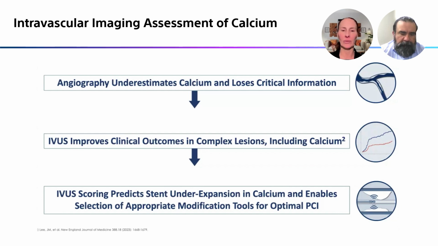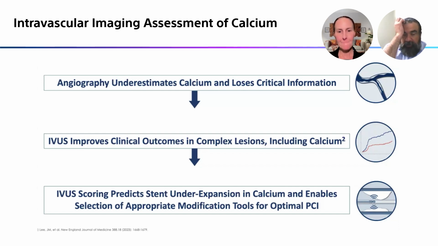And then there are some scoring systems that we can use to determine whether or not we need to modify that calcium. As I use more and more IVUS in my career, I don't really use scoring systems a lot. I don't know about you, Salman, but if I see calcium, I generally modify calcium. The last thing I want is to have rotor regret or shockwave regret, or, having a balloon in there and, God forbid, getting a stent in there that I can't expand.